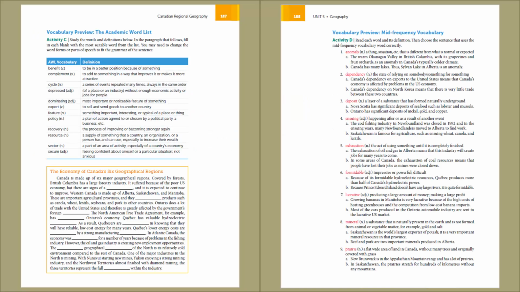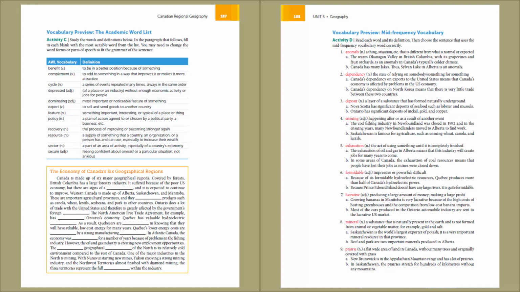Here we have some vocabulary that we're introducing in a unit of geography, and we have some words from the academic word list. It isn't just this one-off activity that students are doing. They're going to be introduced to the vocabulary here, and then they're going to use it in an activity, and then they're going to encounter it in a reading, and then encounter it again and use it as they're brainstorming a writing activity, and then they're going to use it in their own writing.